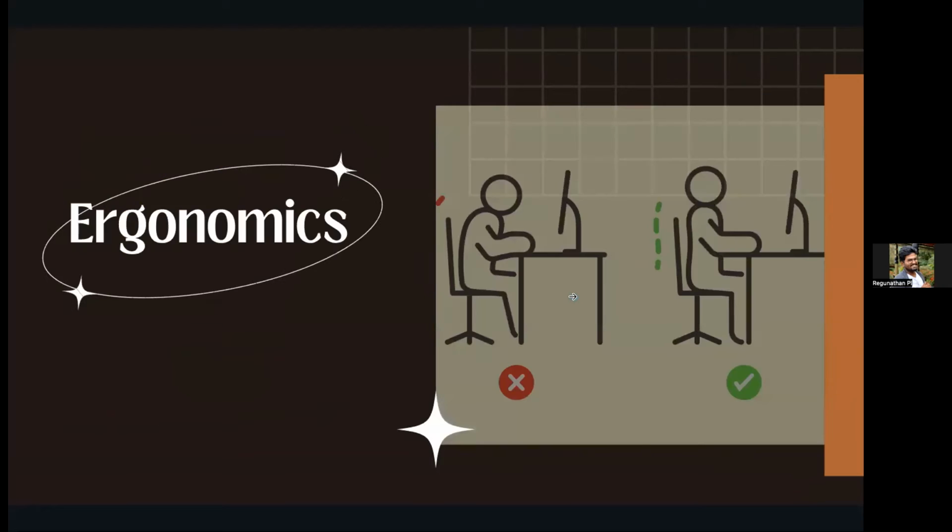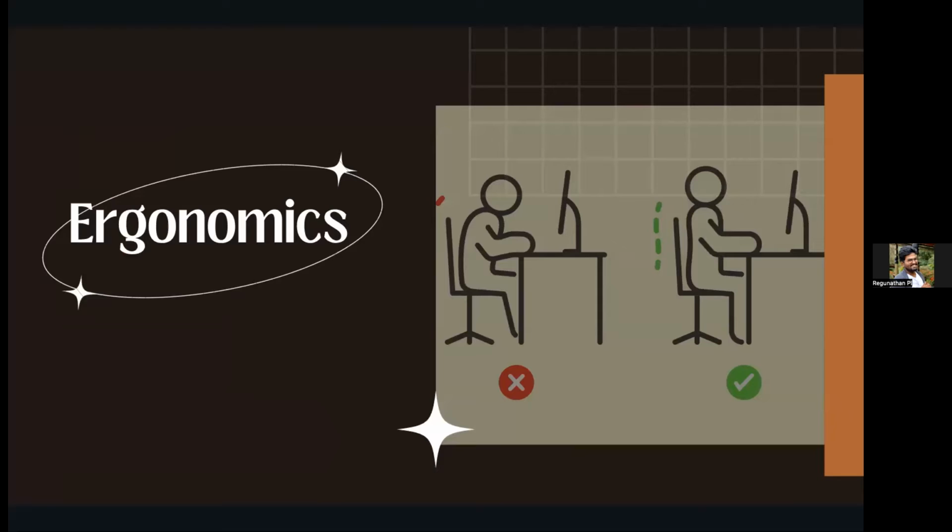And of course, basic ergonomics is what we are already used to. Physically, if you are a very computer-oriented person, then you have to sit straight to not ruin your back.